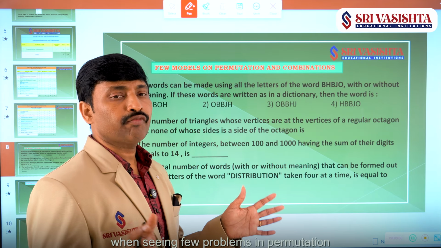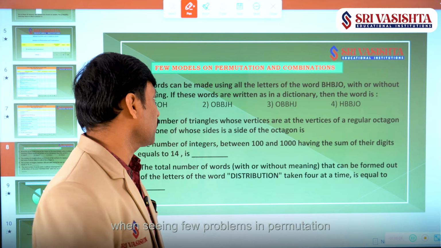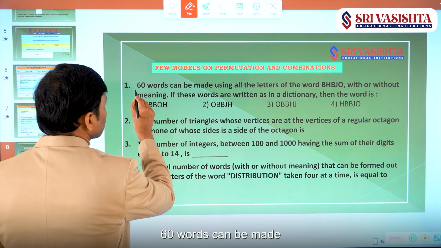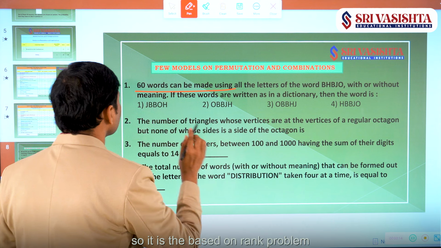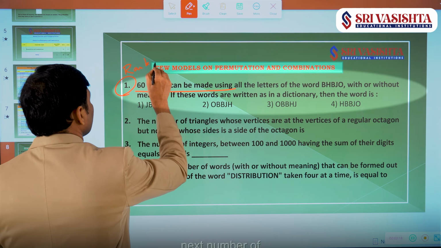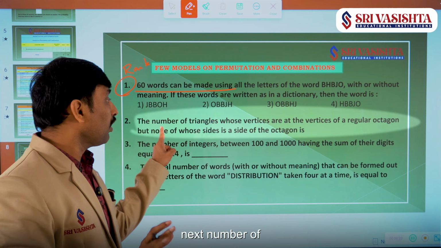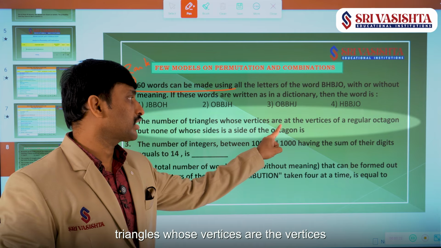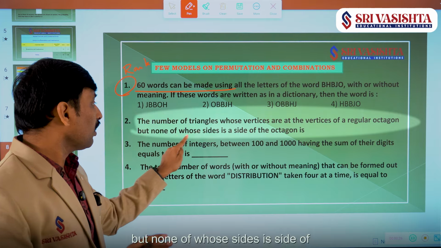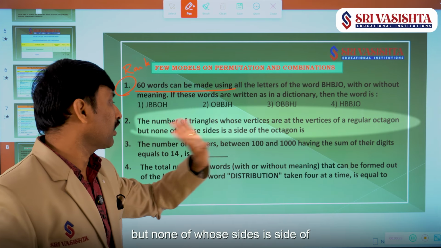Let us see a few problems in permutations and combinations. This is the question: how many votes can be made? It is based on a rank problem. Next, the number of triangles whose vertices are the vertices of a regular octagon, but none of whose sides is a side of the octagon.